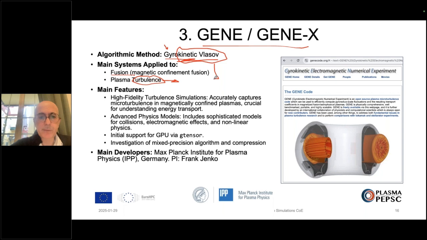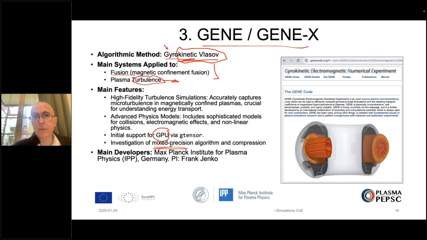They have very advanced physics models, and one thing that we are working on in Plasma-PEPSC is really to first understand the difficulty, but also improve the GPU porting, increase the scalability at extreme scale, and look at how far we can go when it comes to employing mixed precision in the algorithm itself.